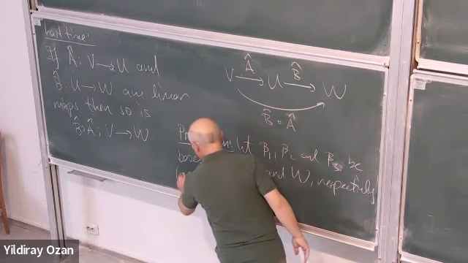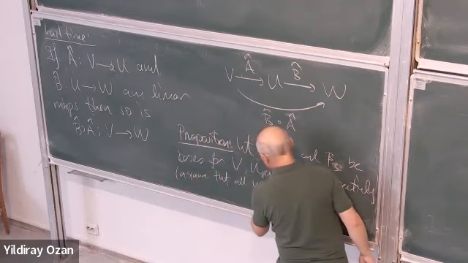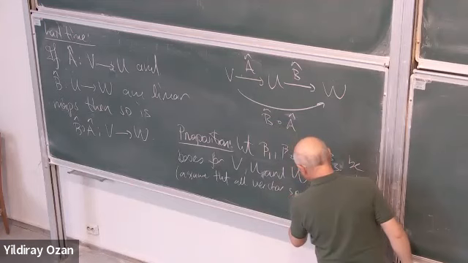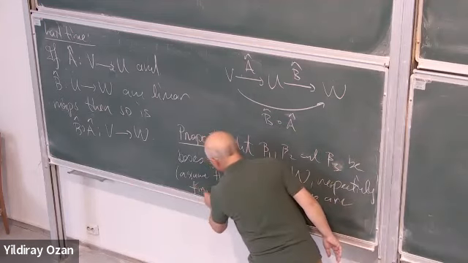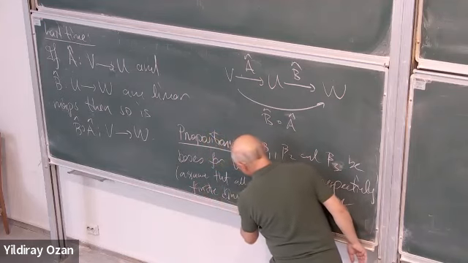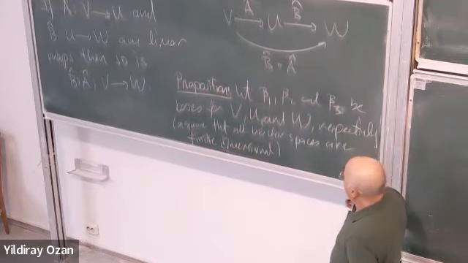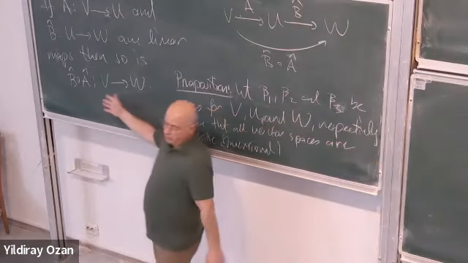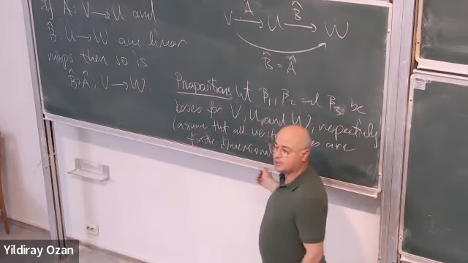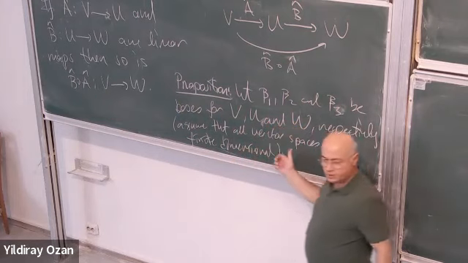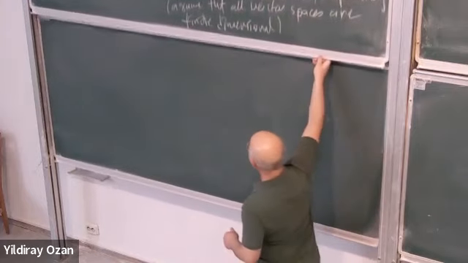Here we don't have to assume that. I mean, this vector space can be infinite dimensional, but for the statement of this proposition, I need that because I'll talk about matrix dimensions.